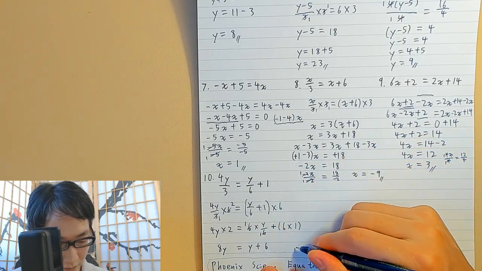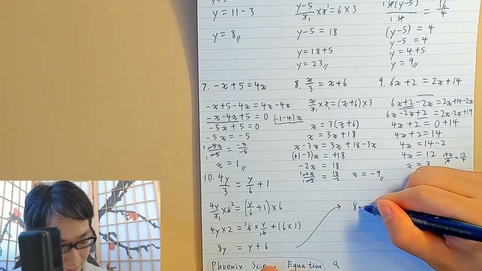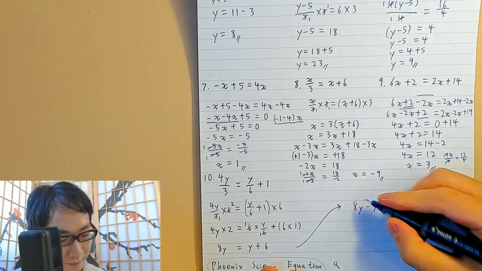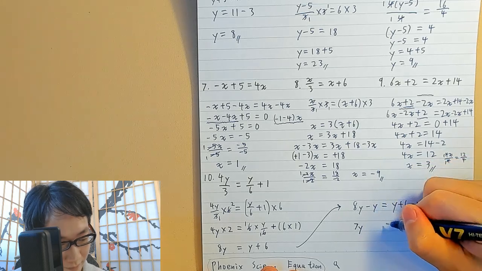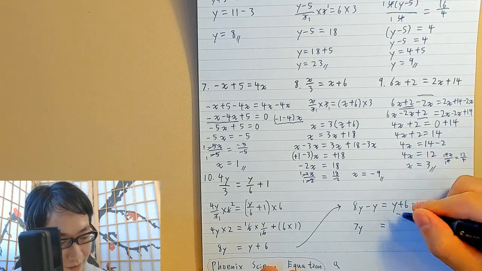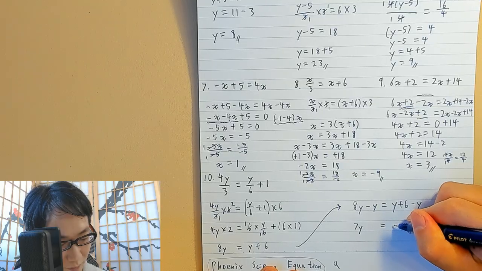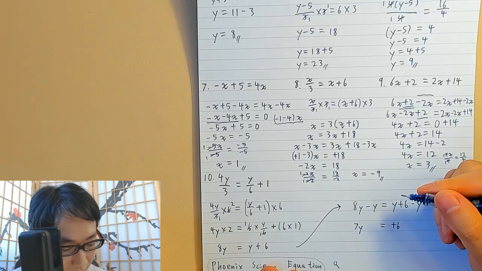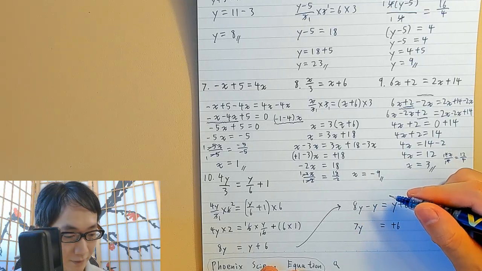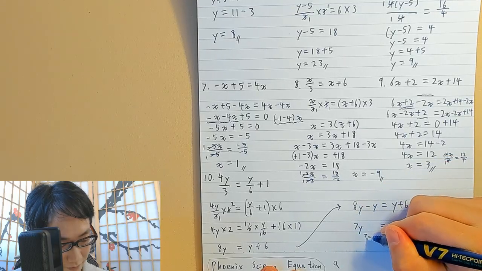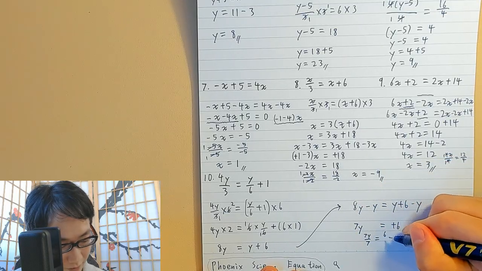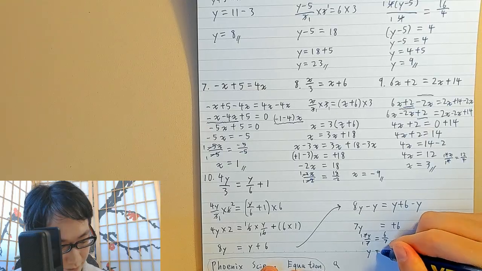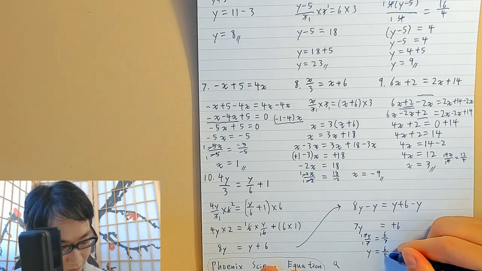So I deduct y from both sides. So on the left hand side I have 7y. Then on the right hand side the y is cancelled. So I'm left with the term positive 6. Then I divide both sides by 7. 7y divided by 7 is equal to 6 divided by 7. Then y is equal to 6 over 7.